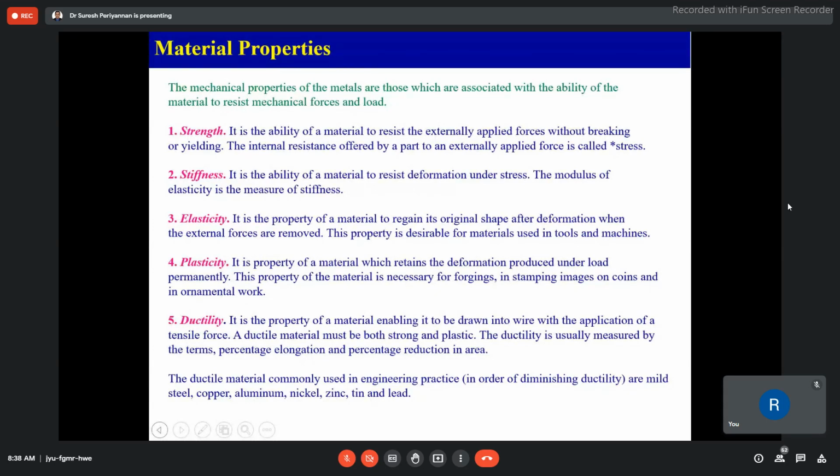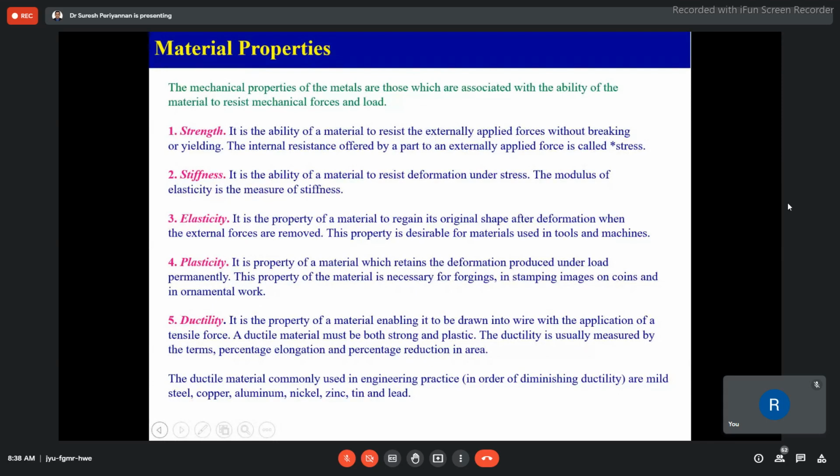Most of the components we design with the material in the elastic limit, not the plastic limit. Plasticity is when the material retains the deformation; when you remove the load, the material does not come back to its original shape.